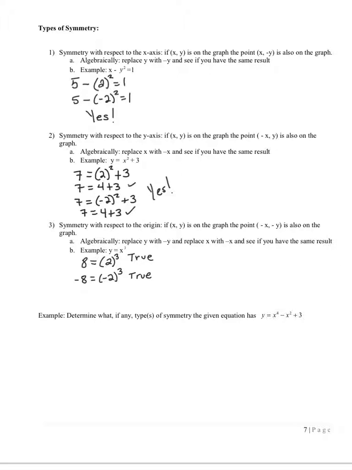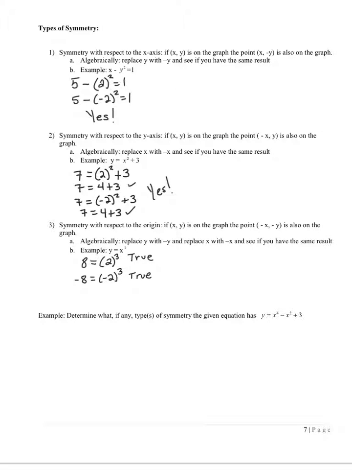Here you can see that we used a 2 for x, and 2 to the third power equals 8. So if we enter a negative 2 for x, we actually get a negative 8. So by replacing the 2 with negative 2 and replacing the 8 with the negative 8, we get true statements each time. This means we know that our graph is symmetrical with respect to the origin.